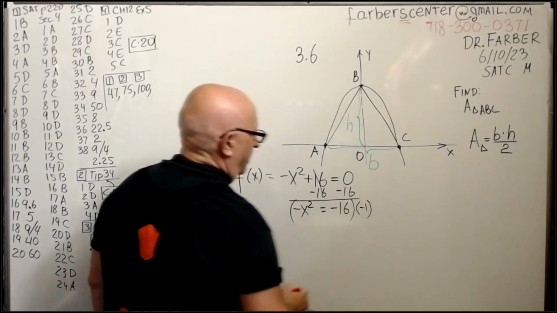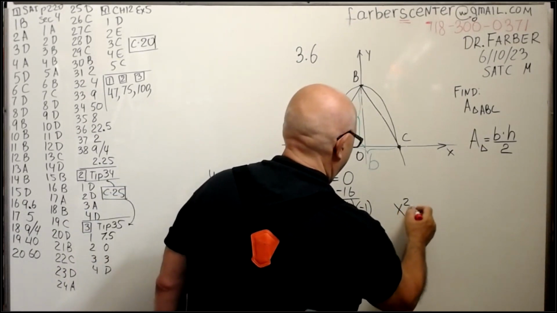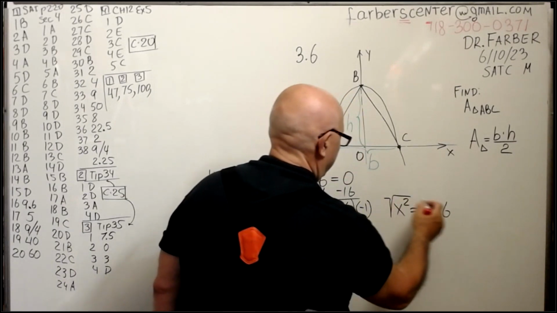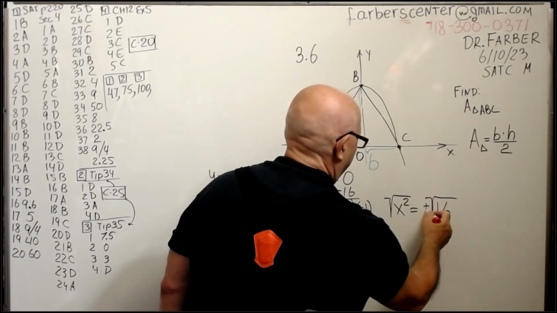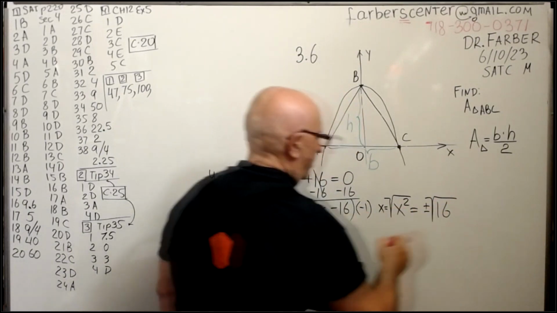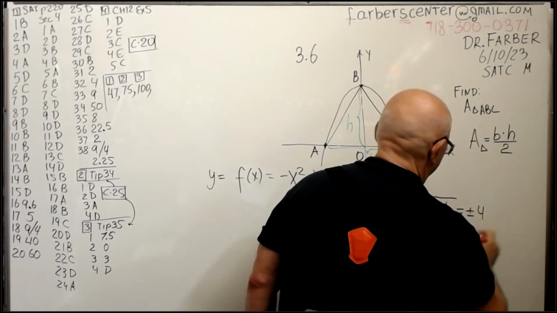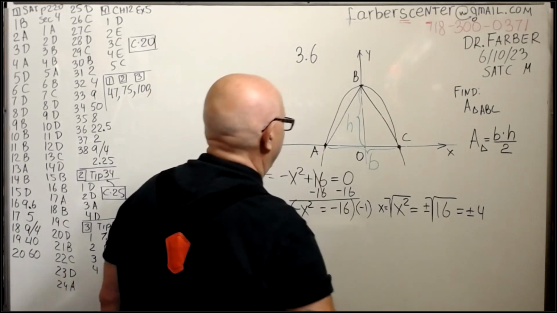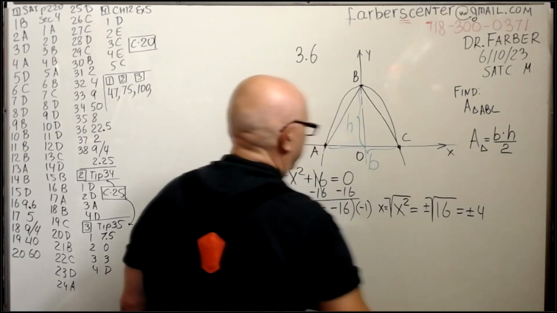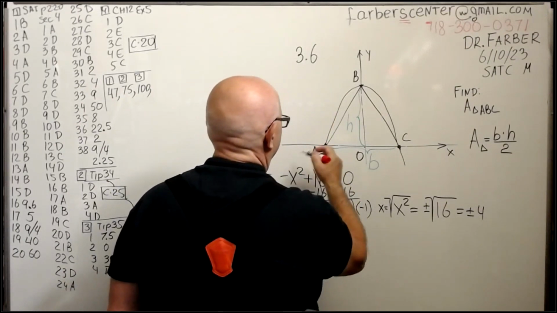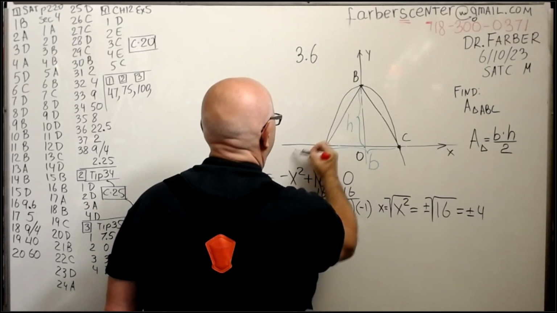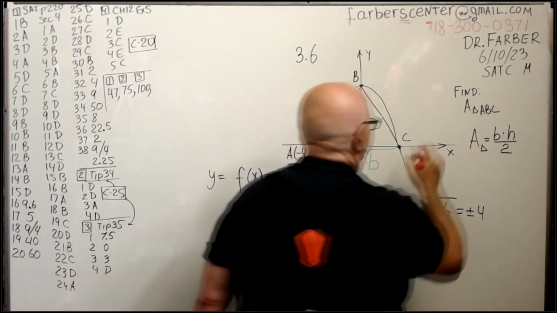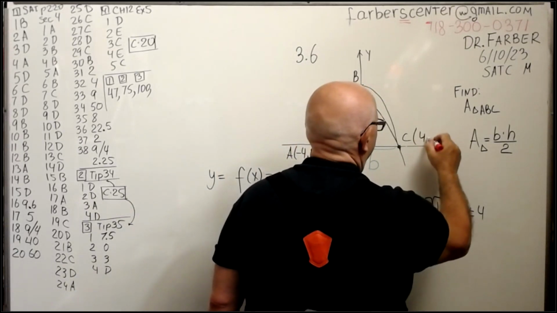You'll get x squared equals 16, and you take the square root of both sides, and it would be plus minus 4. Well, this point has coordinate negative 4, right? Let me make more room. A is negative 4, 0. And C has coordinate plus 4, 0.